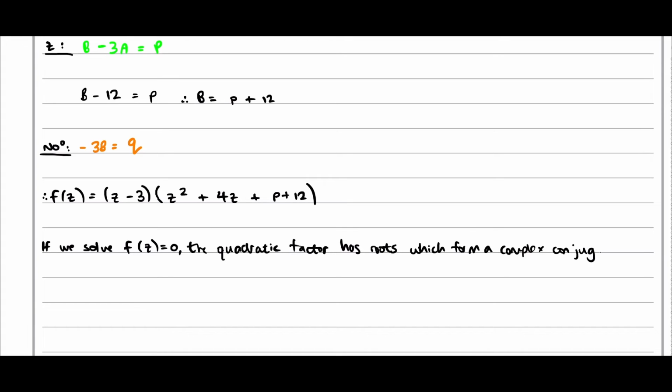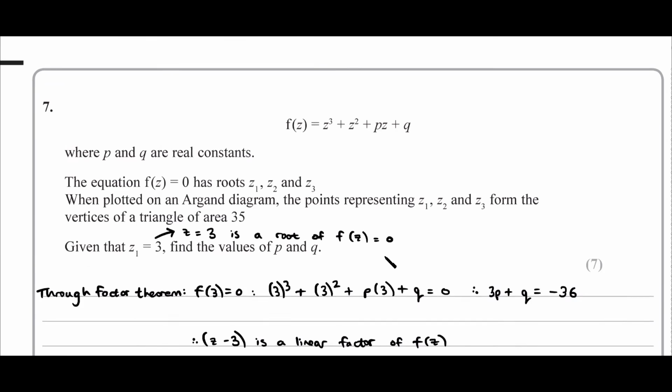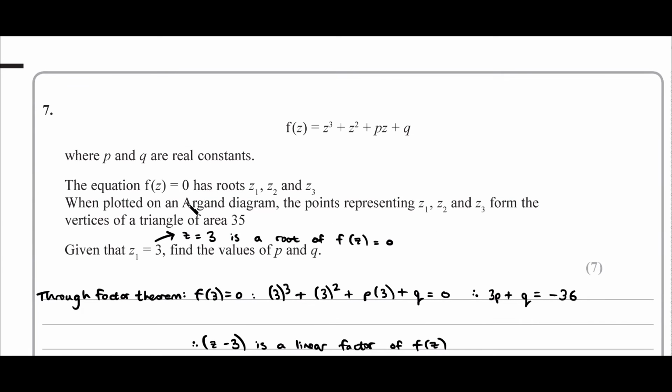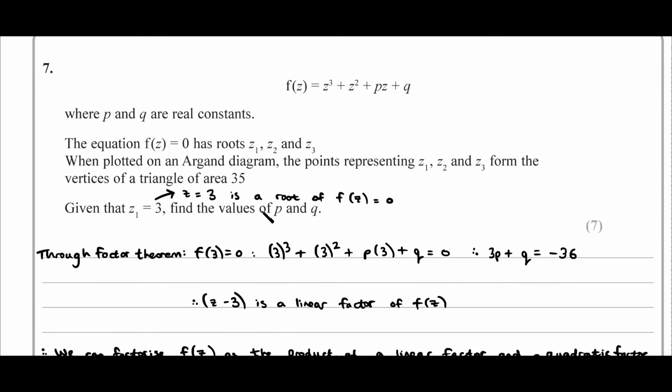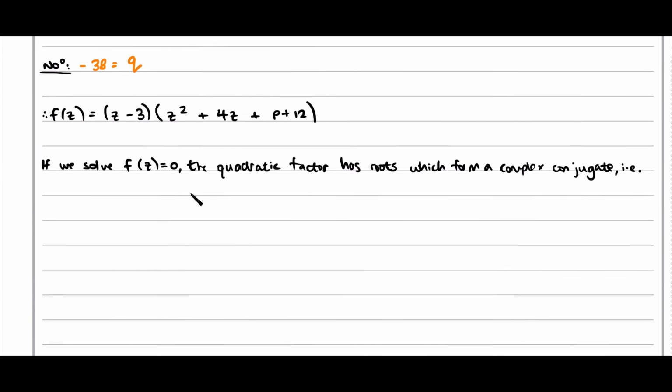And the reason they form a complex conjugate is, if we go back to the diagram, we were told that we can plot the roots on an Argand diagram. So we're expecting that we have complex roots when we solve this quadratic.